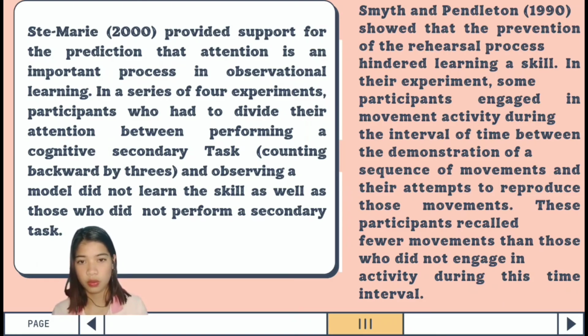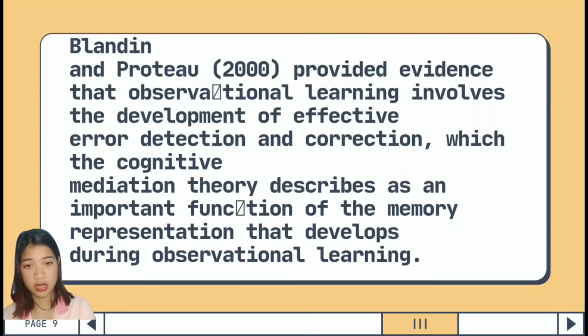So these participants recalled fewer movements than those who did not engage in activity during the time interval. Finally, Blandin and Proteau, 2000, provided evidence that observational learning involves the development of effective error detection and correction, which the cognitive mediation theory describes as an important function of the memory representation that develops during observational learning. In 2 experiments, prior observation of a model permitted learners to estimate their errors as effectively as learners who had physical practice of the task.